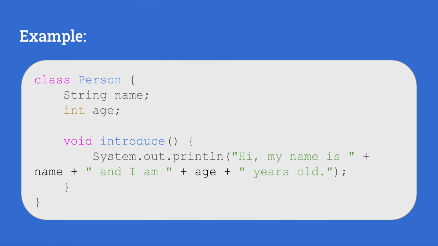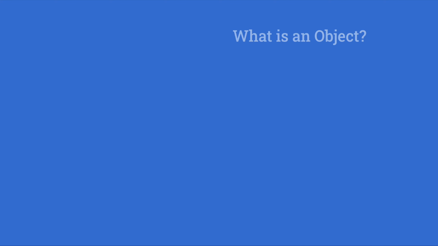Second example, here is the Person class. In the Person class, the attributes are a string name and an integer age of the person, and the method is a void introduction. So introduce is a method of the Person class.